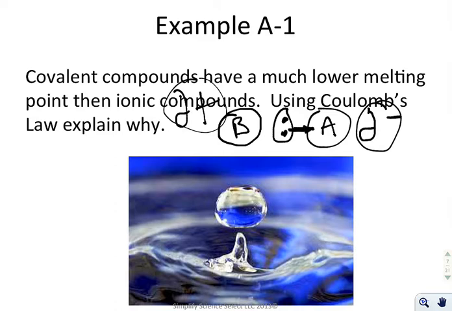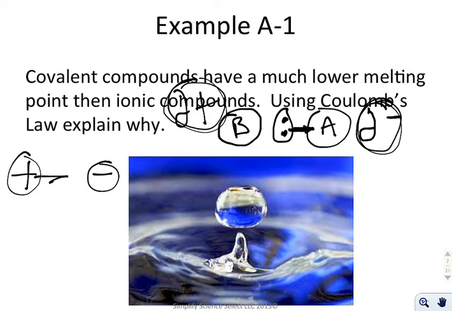Now, if you look, you have a partial positive charge and a partial negative charge, and we know from Coulomb's law that these opposite charges will attract. So this should be similar to an ionic compound. But the difference is the fact that it is a partial positive and a partial negative. Because of that, it's not as big as an ionic one, which is a full positive and a full negative charge.